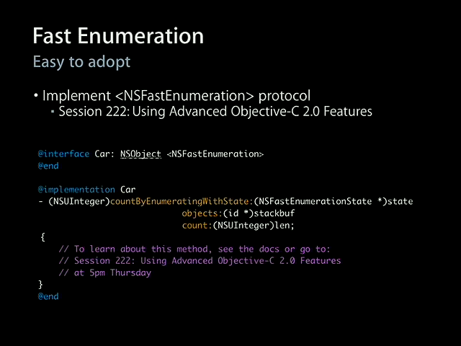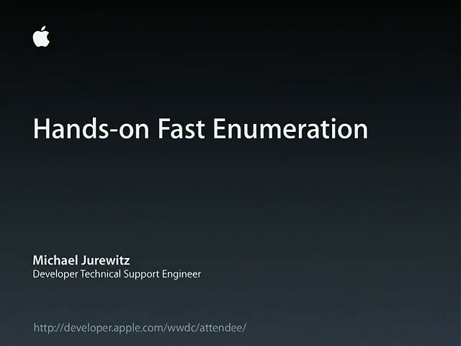You simply implement this formal protocol, NSFastEnumeration, which declares a single method, countByEnumeratingWithState:objects:count:, whose implementation is well documented and will be covered in detail in a session later this week. So with that, I'd like to bring up Michael Jurewicz to show you some hands-on with fast enumeration.